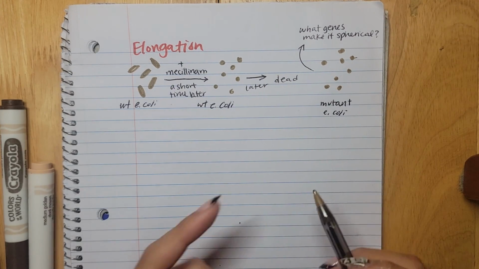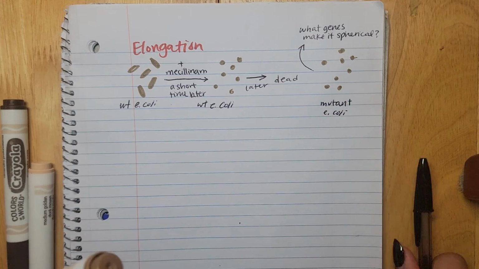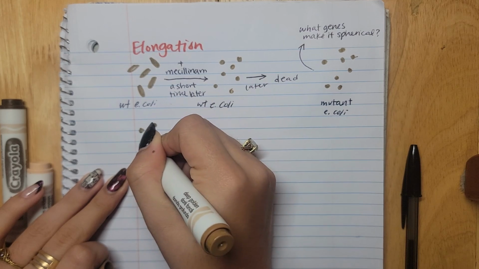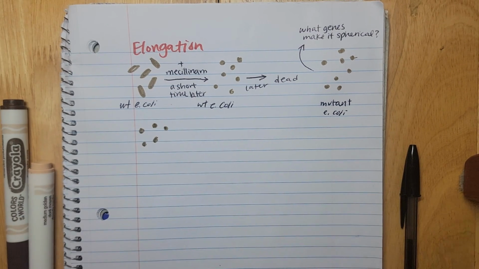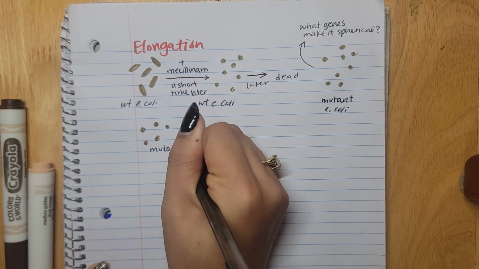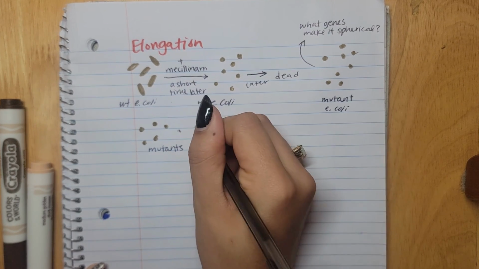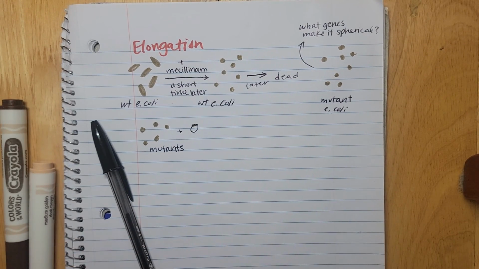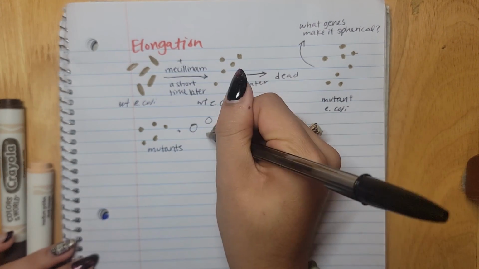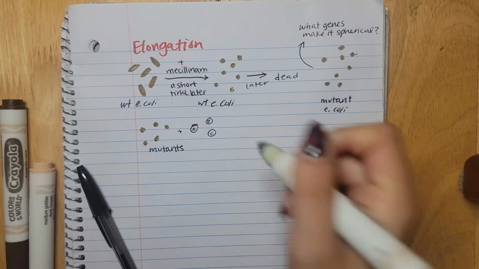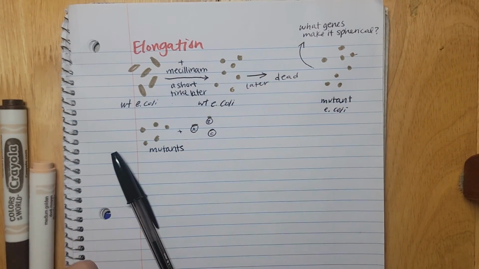Okay, so how would you do this? Well, we learned before about complementation, right? So if we put in different wild type plasmids in our mutant E. coli, mutants plus, I'm just going to say we have a wild type plasmid, a bunch of different types of wild type plasmids. So I'm going to say A, B, C. They probably tried more than 3, I will say.